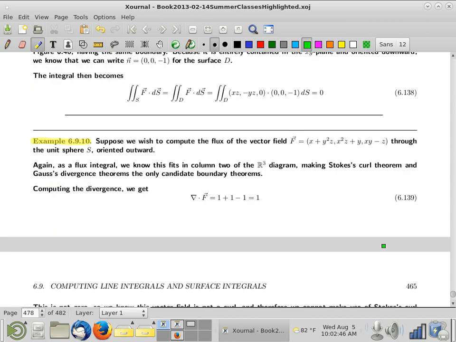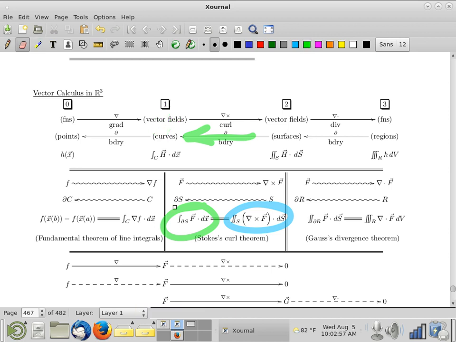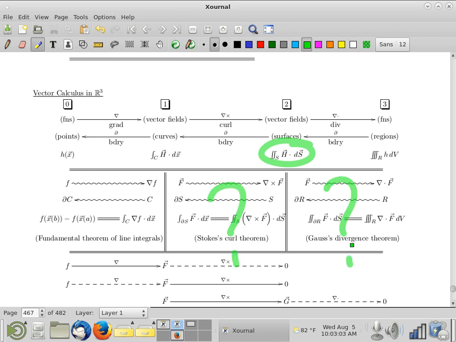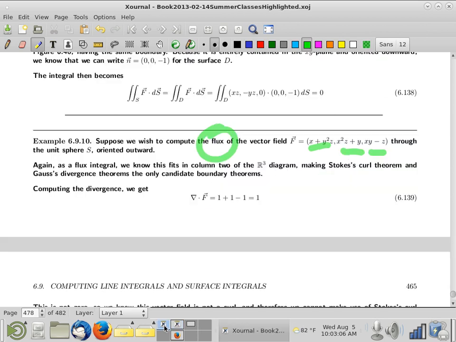Okay. A couple more examples. These are reasonably quick. Here we're again computing a flux. We've got a vector field in R3. Computing a flux. So these are our two options: Stokes' curl theorem, Gauss's divergence theorem. And let's compute the divergence.